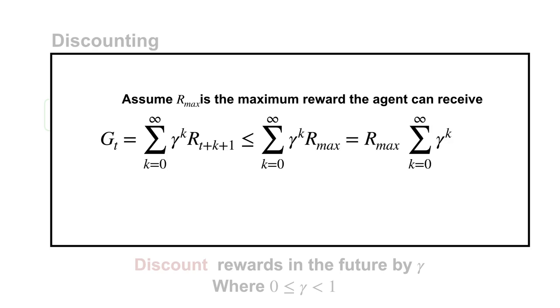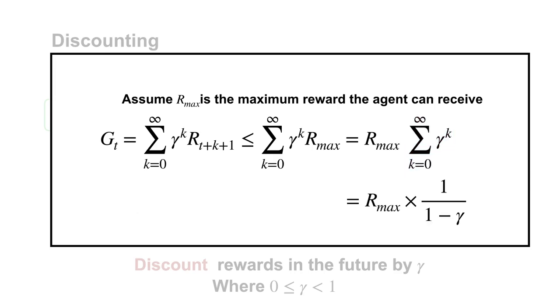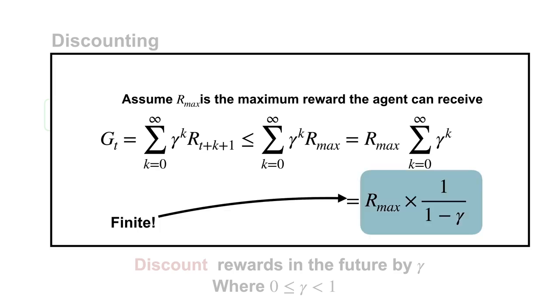Since Rmax is just a constant, we can pull it out of the summation. Note that the second factor is just a geometric series, and the geometric series evaluates to 1 divided by 1 minus gamma. Rmax times 1 divided by 1 minus gamma is finite and is an upper bound on Gt. So, we know Gt is finite.